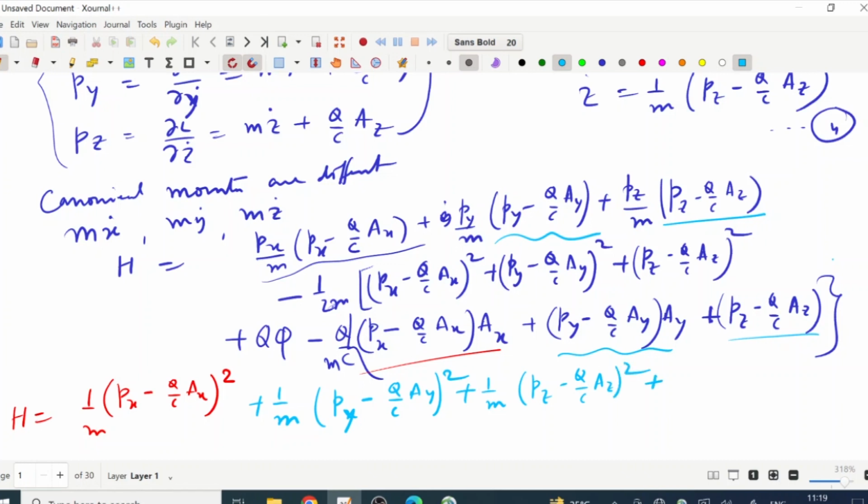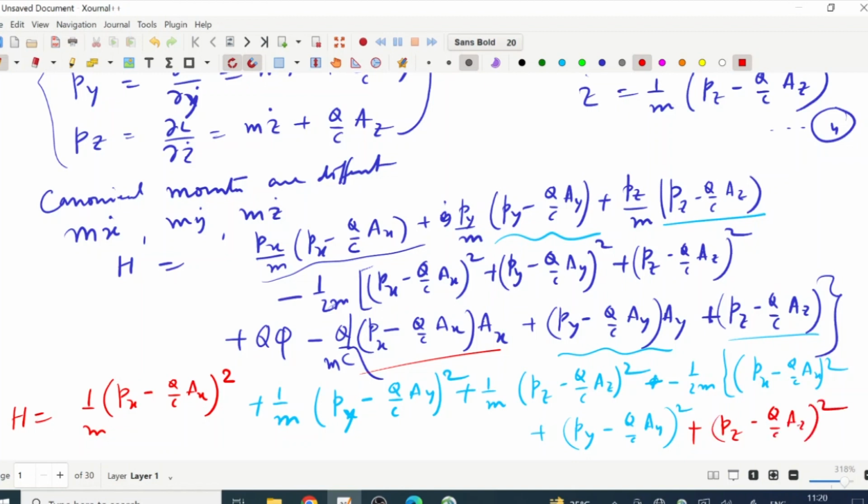Then the remaining terms are minus 1 over 2m times (p_x minus q by c A_x) whole square plus (p_y minus q by c A_y) whole square plus (p_z minus q by c A_z) whole square. Okay.